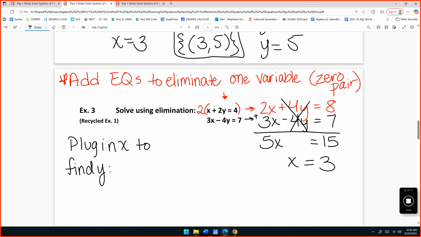So I can choose any of the original equations. I could even choose the one that I multiplied by 2 if I really want to. So why don't we use probably the first equation? You want to use this one right here? All right, so I'm going to plug in x. So I know what x is. X is 3. So 3 plus 2y equals 4.